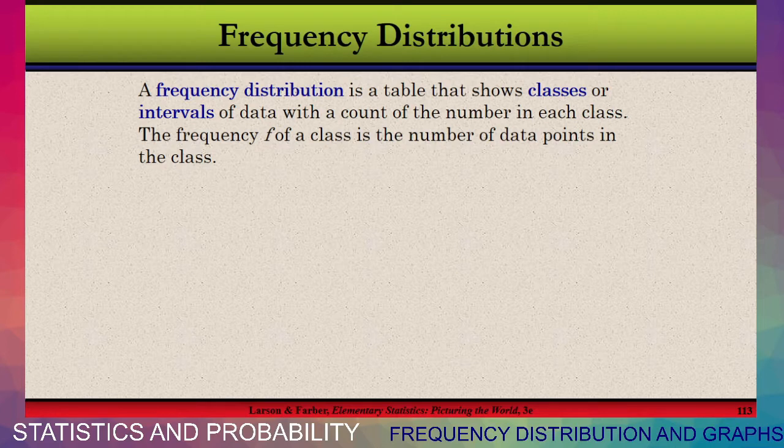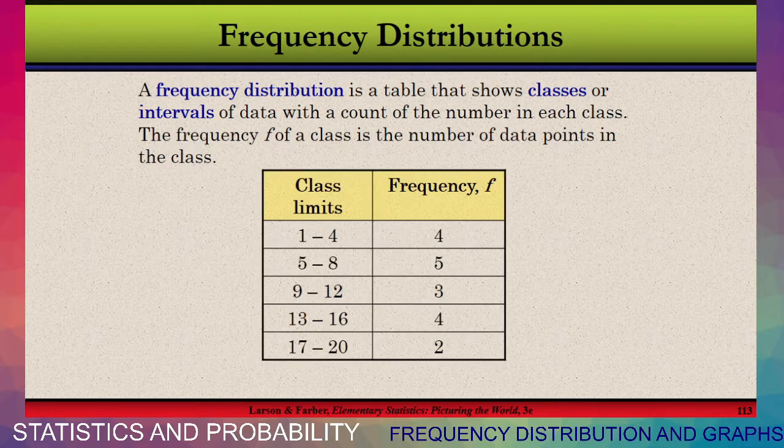Okay, frequency distribution. A frequency distribution is a table that shows classes or intervals of data with a count of the number in each class. So, the frequency f of a class is the number of data points in the class. We already explained frequency distribution earlier. It is a table where the class limits or class, frequency, percentage, relative frequency, cumulative frequency, class boundaries, midpoints, and so on are written.